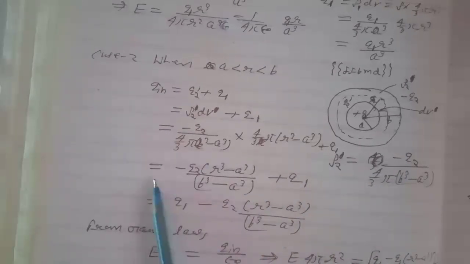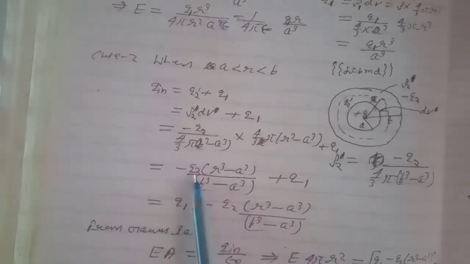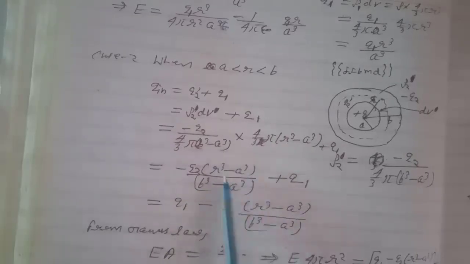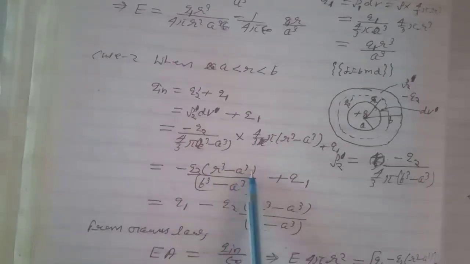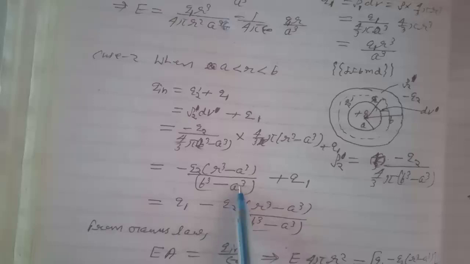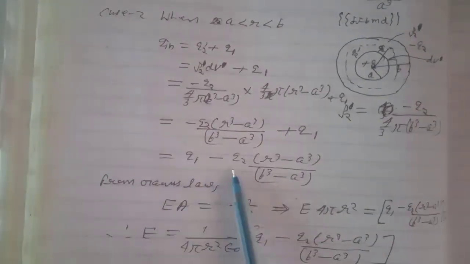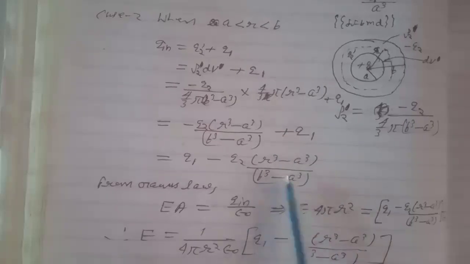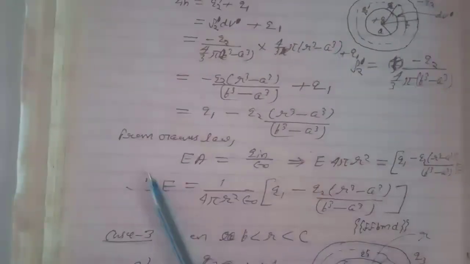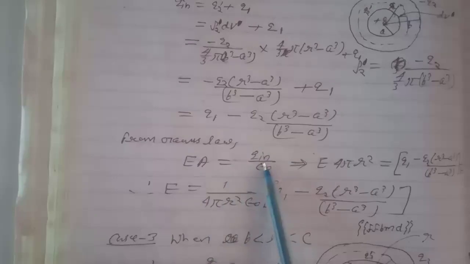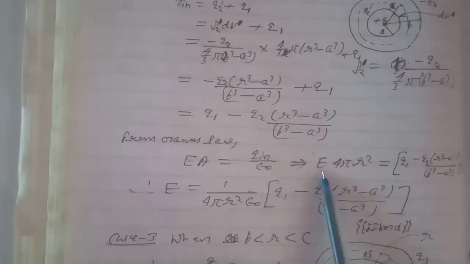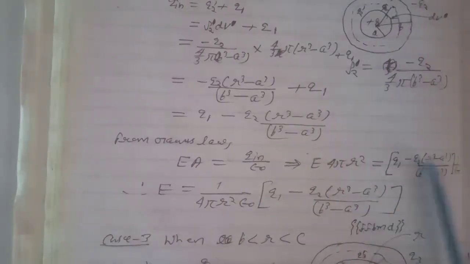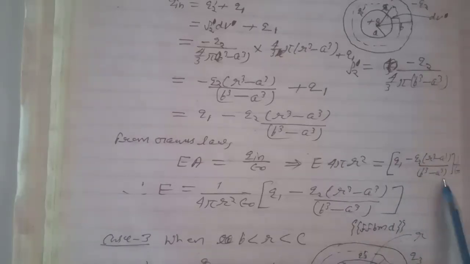Now solving this, we will get minus q2, the 4 by 3 pi will cancel out, so (r cube minus a cube) divided by (b cube minus a cube), plus q1, which equals q1 minus q2 into (r cube minus a cube) by (b cube minus a cube). Now from Gauss's law, E into 4 pi r square equals q in by epsilon naught, equals q1 minus q2 into (r cube minus a cube) by (b cube minus a cube) into 1 by epsilon naught.